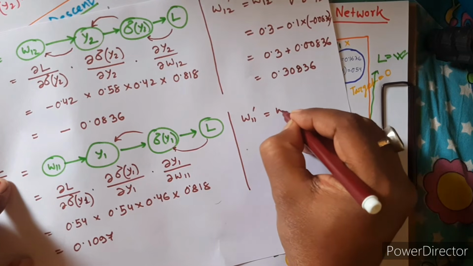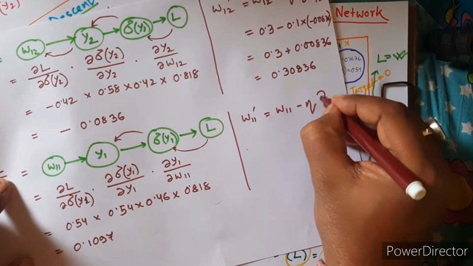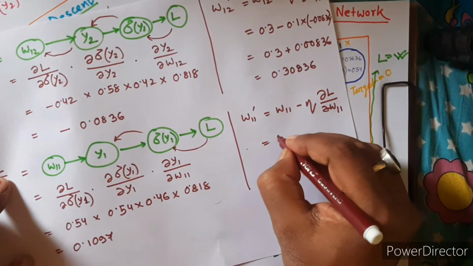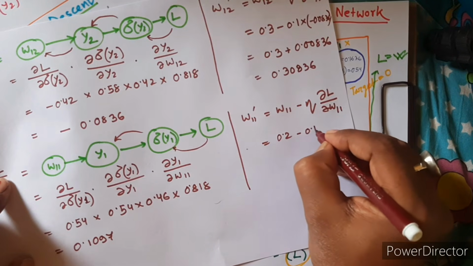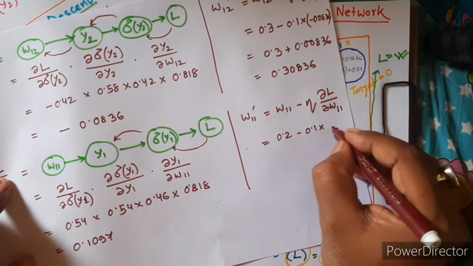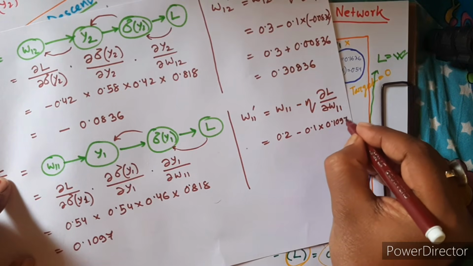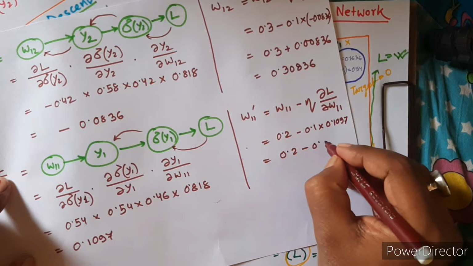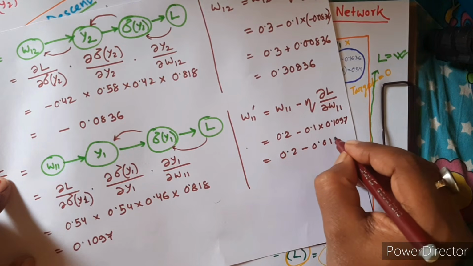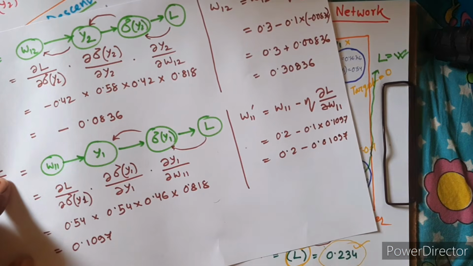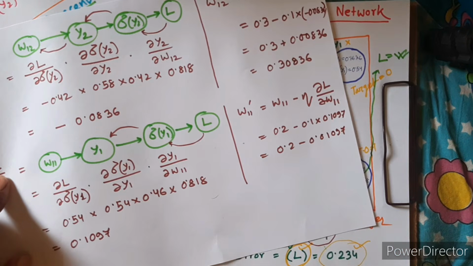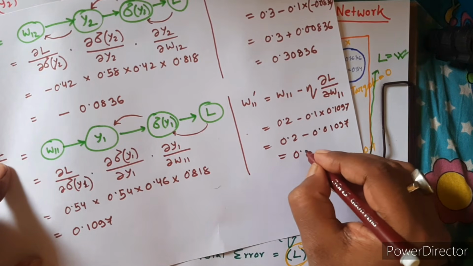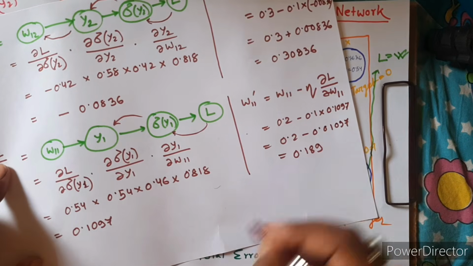W11 is equal to W11 minus eta of delta L by delta W11, which is 0.2 minus 0.1 into 0.1097, equal to 0.2 minus 0.01097. So it will be approximately 0.189.